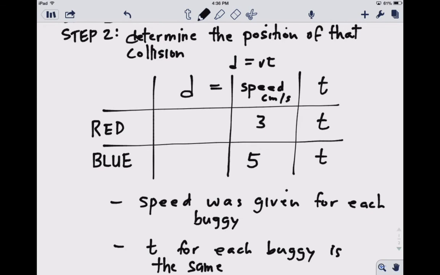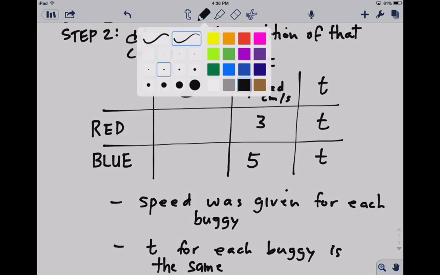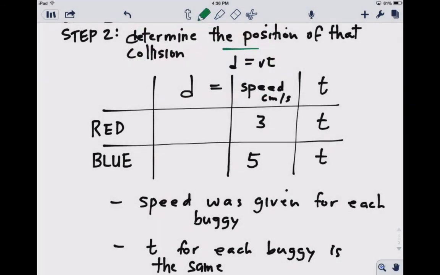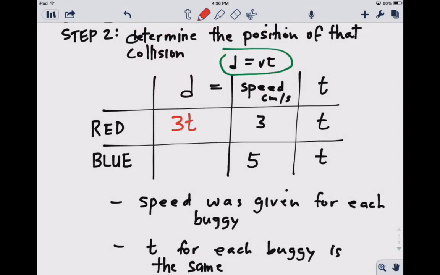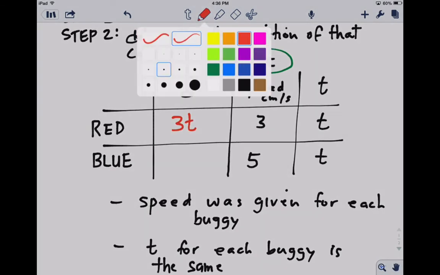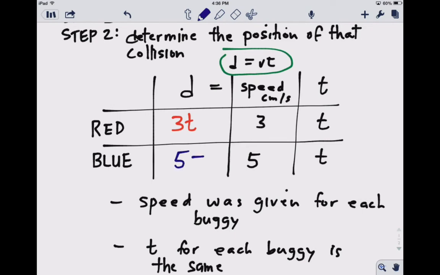Next is where I'm going to do some algebra. We said that d equals v times t. So in the column here, marked d, I'm just going to multiply the speed and the time, and I get an expression that says 3 times t for the red buggy and 5 times t for the blue buggy.